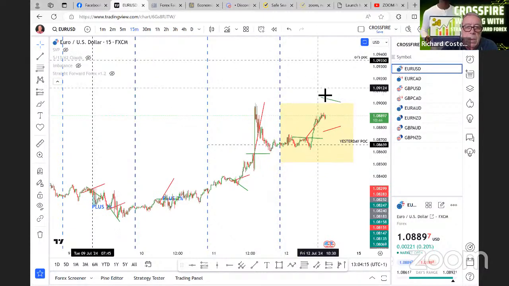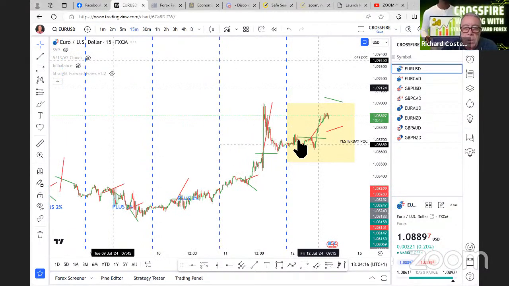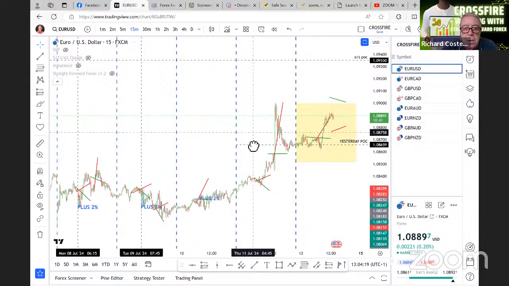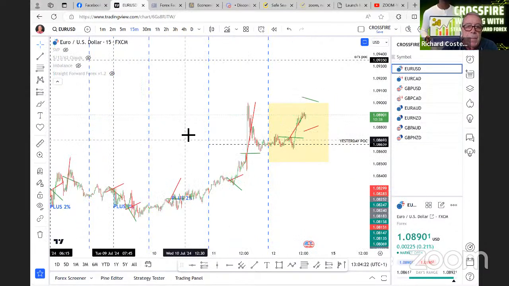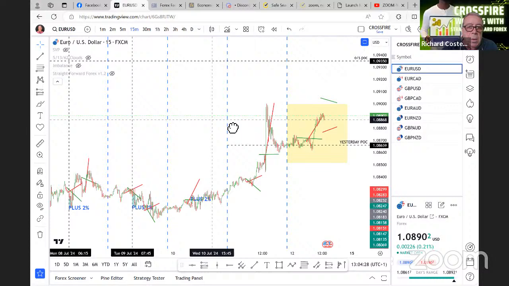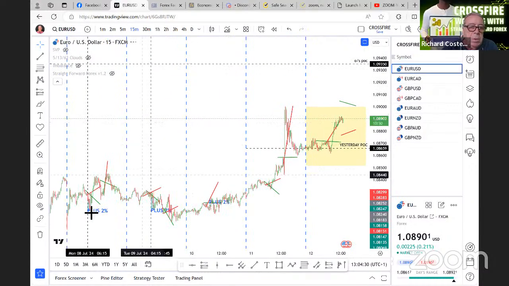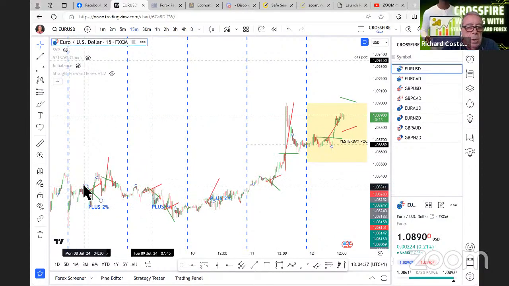So this is today's chart, this is yesterday's, this is Wednesday's, Tuesday's, and Monday's. I'm going to just look back through the week and see what happened. You can see that at the start of Monday morning, price started down at this level, and it more or less went pretty much sideways for the full day.